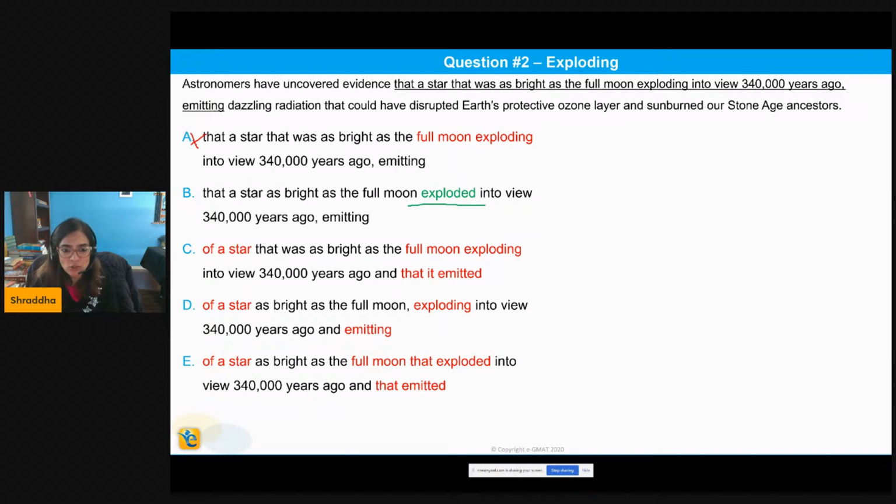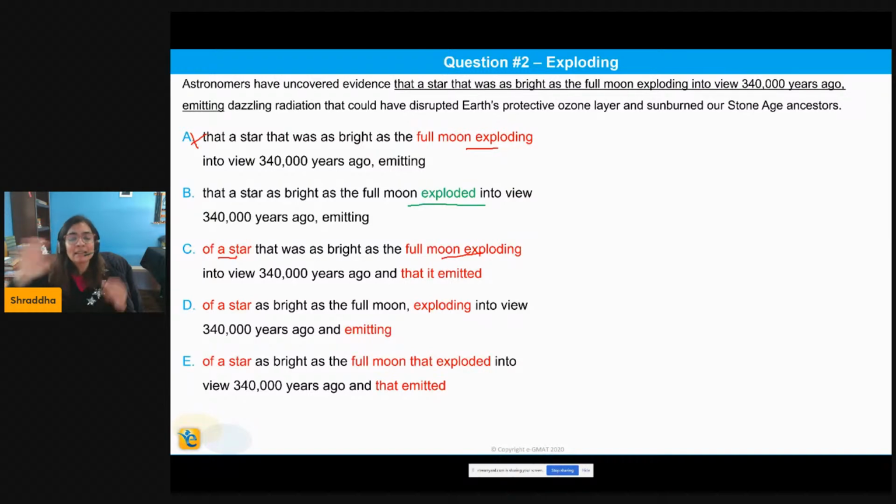I know choice A is wrong because it's not presenting me the right meaning. Full moon exploding, definitely this was the reason I rejected choice A. And then evidence of a star is also wrong, because the sentence intends to present what is that evidence.